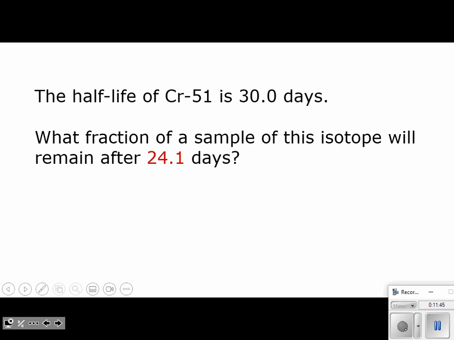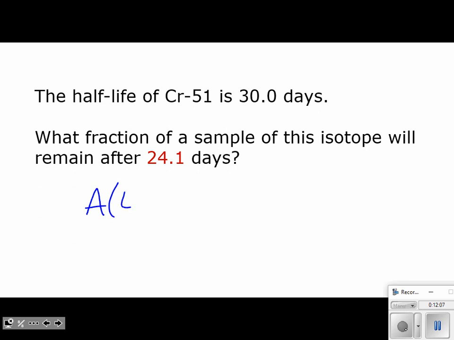What fraction of a sample of this isotope will remain after 24.1 days?